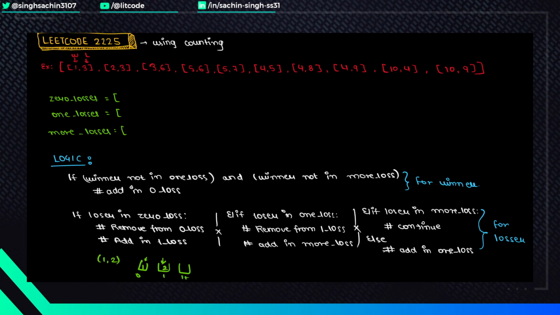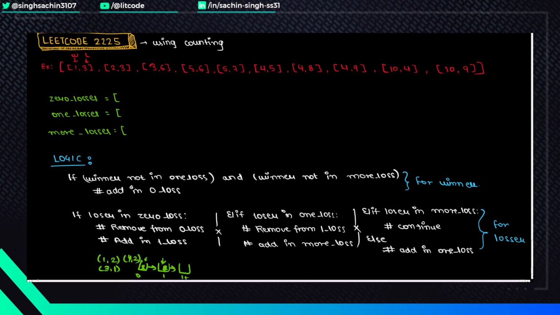Now if we get, let's say, 3 comma 1, now 1 has lost a match, so 1 will be removed from this bucket and transferred to this one. And let's say if we get 4 comma 2, where 2 has lost another match, then we will remove 2 from this bucket and move it to the other one. So this is the logic which we're going to use.